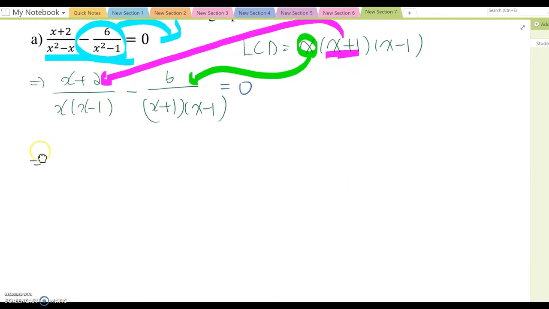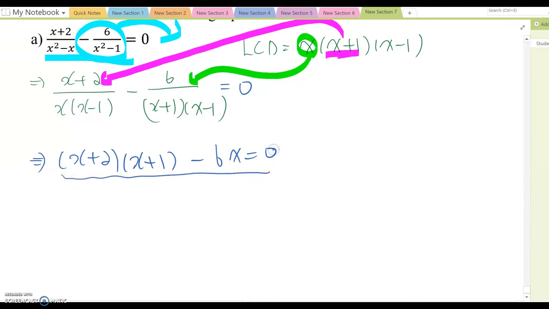Then this becomes x plus 2 times x plus 1 minus 6x equal to 0. I don't care about the denominator this time, because if the denominator becomes 0, it becomes undefined. So we only calculate the numerator part here.